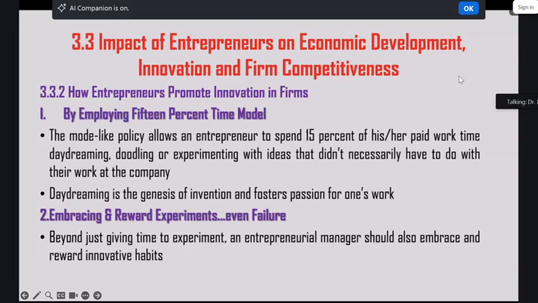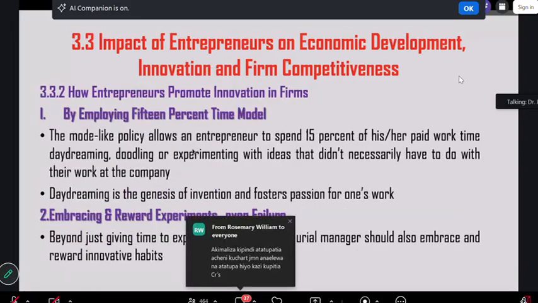Na ukifuatilia sana hii model unaweza kuona kwamba taasisi ambazo zinafuatilia this kind of model wanaweza kuwaruhusu wafanyakazi wao, kwamba mfanyakazi anaruhusiwa kutumia 15% ya muda wake wa kazi.